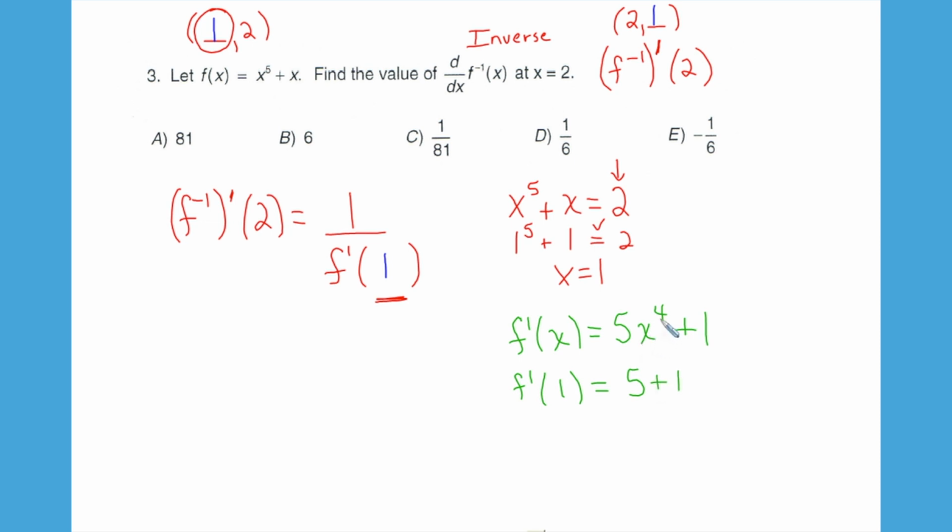Let's put 1 there, 1 to the 4th is 1. And so that is 6. So now I do have f prime of 1. So now I can say that f inverse's derivative at 2 is the reciprocal of the derivative here, which is 6. So my answer is 1/6.